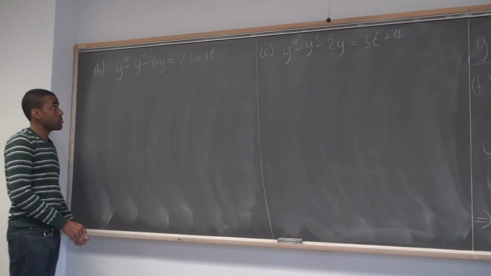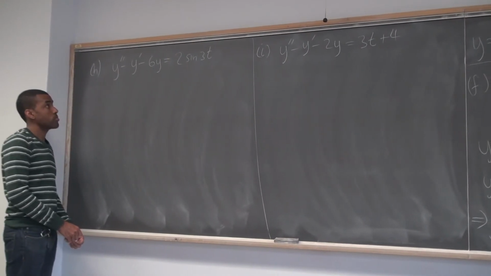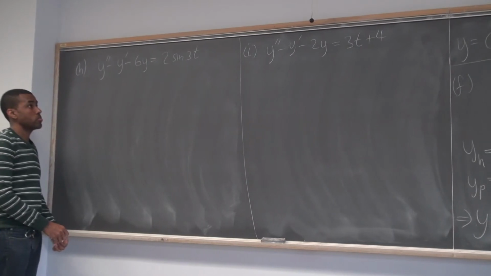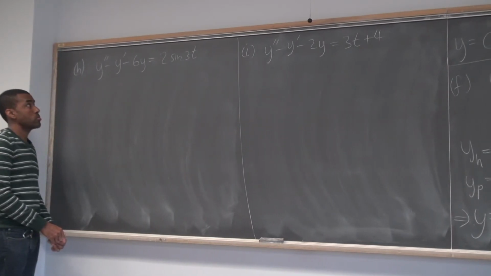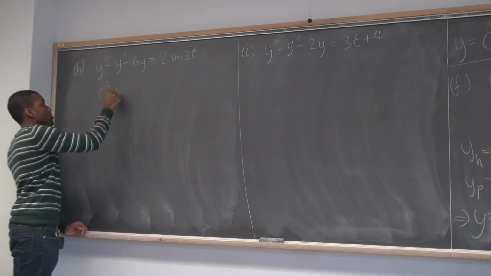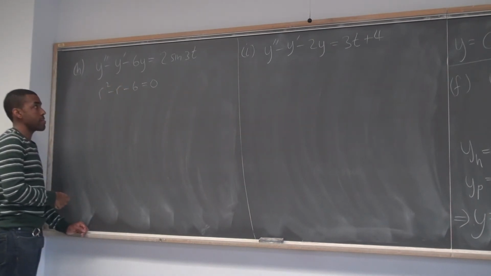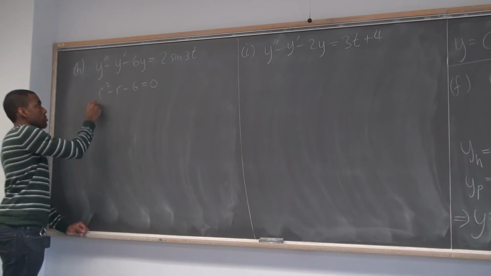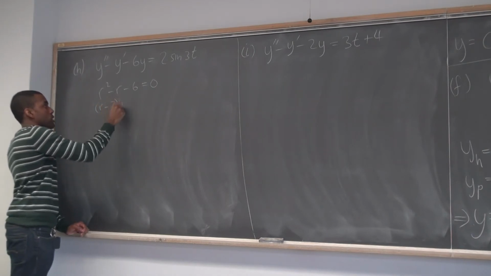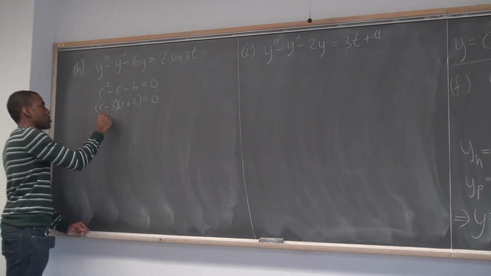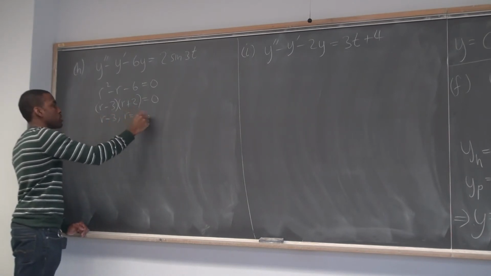This one? What do we do? R squared minus R minus 6. Can you solve that? R minus 3, R plus 2. So we have R equals 3 or R equals minus 2.